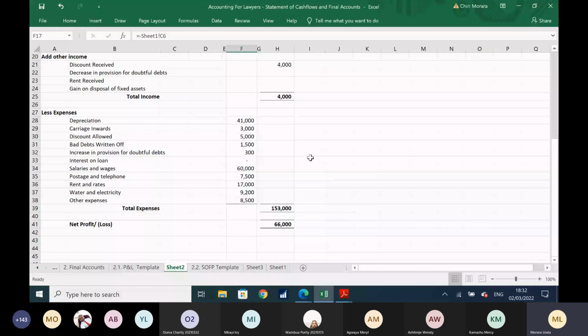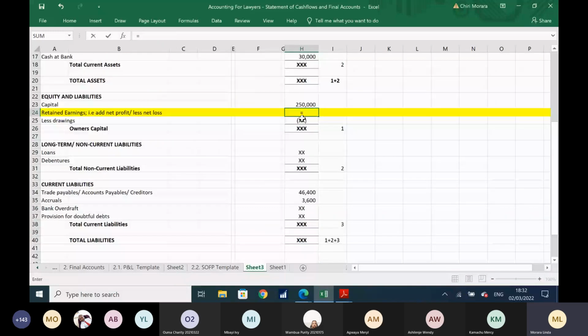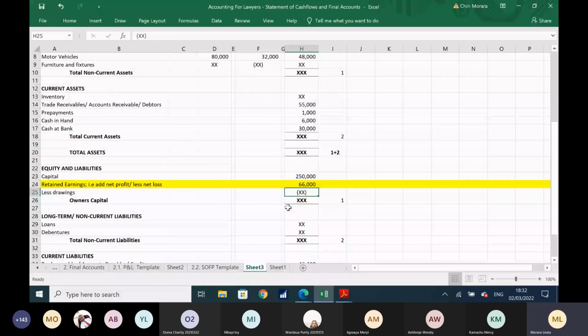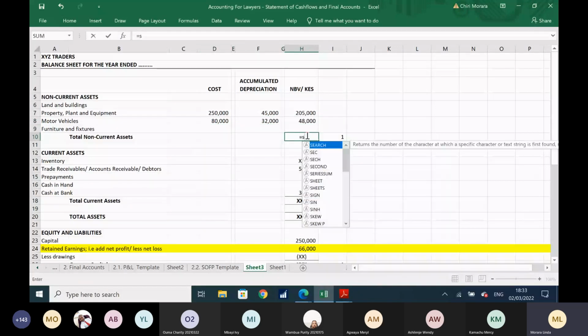And now the amount that we have got here as our profit, remember we said it would go to our retained earnings here. So you will just transfer that 66K as it is there. So we add and see. Delete that, no, don't delete that, but delete this. Sum.